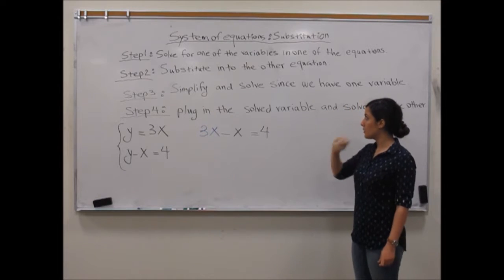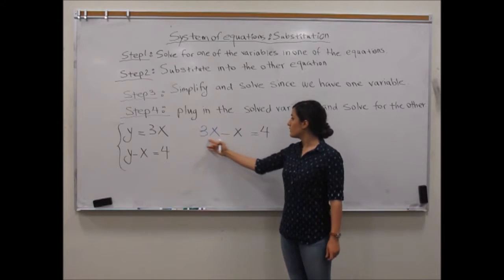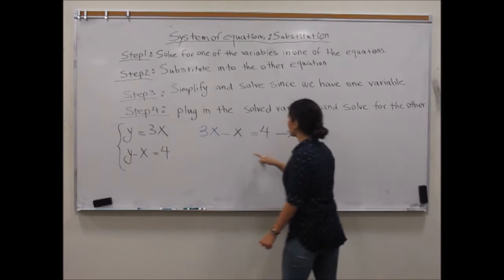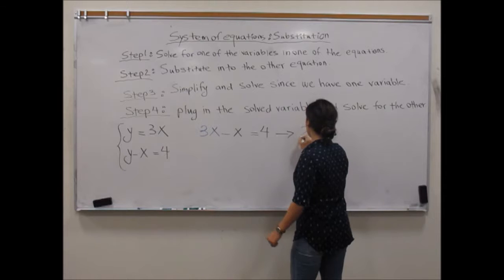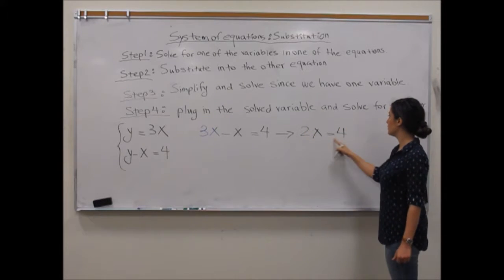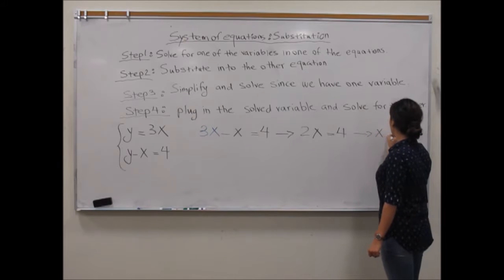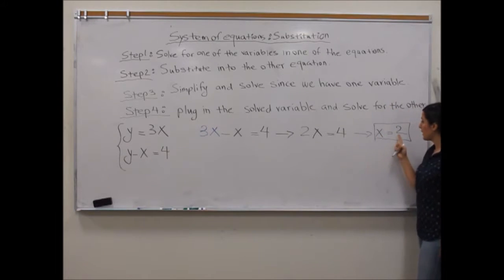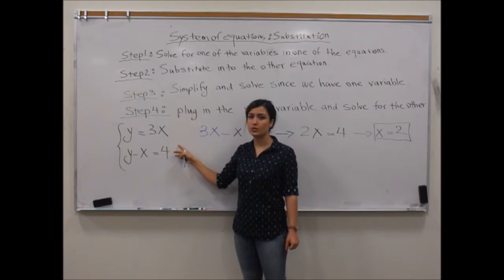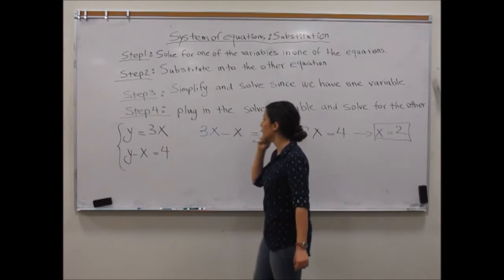So moving on to step 3, as you can see, we have only one variable in this equation, and then we can simplify it. So 3x minus 1x is 2x equal 4. Divide by 2, divide by 2, x is 2. So I have one of my variables. In step 4, I'm going to plug this variable into one of these equations to solve for y.